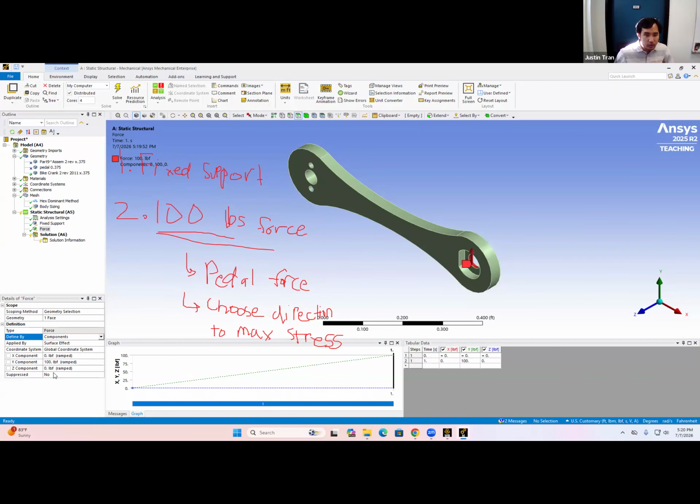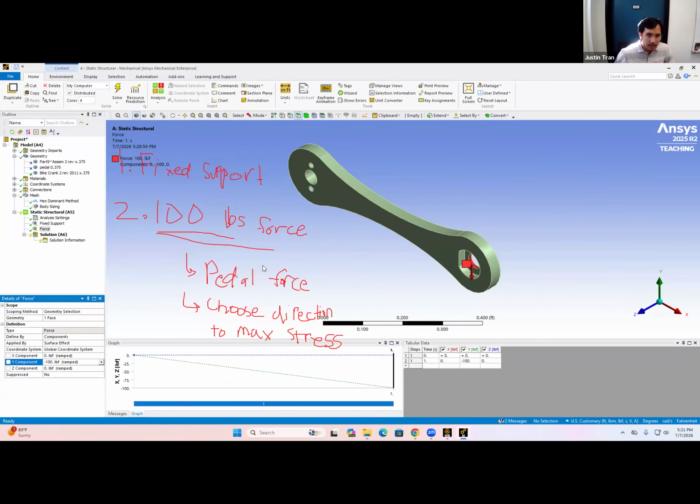Technically, you can go in the negative y direction. If you're viewing the pedal from the top and we're pushing down, we can enter negative 100 here, which puts the force in the negative y direction. It doesn't really matter because of symmetry. Our bike crank is symmetric in both directions, but if you want to align it with your view, that's fine as well.